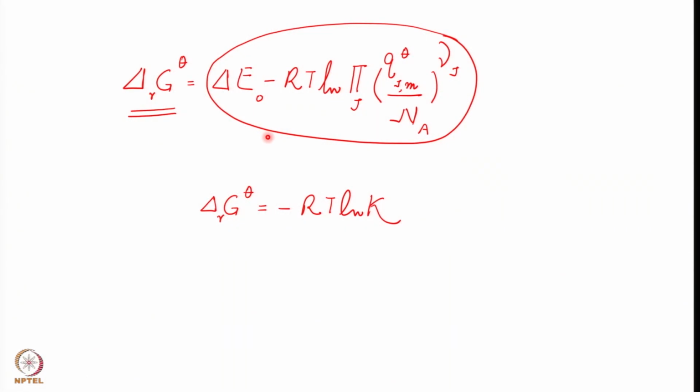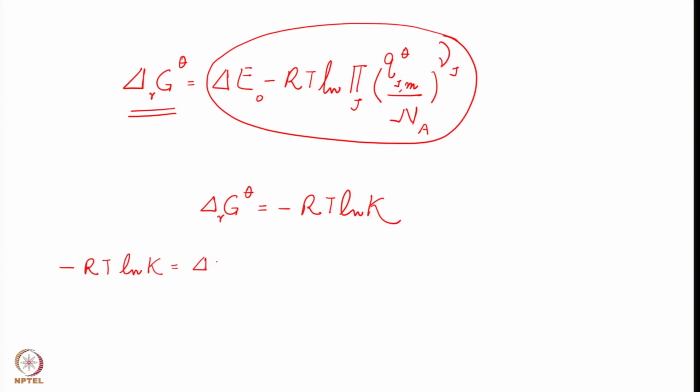And then we were discussing that since delta G naught is equal to minus RT log K, we can equate the two.